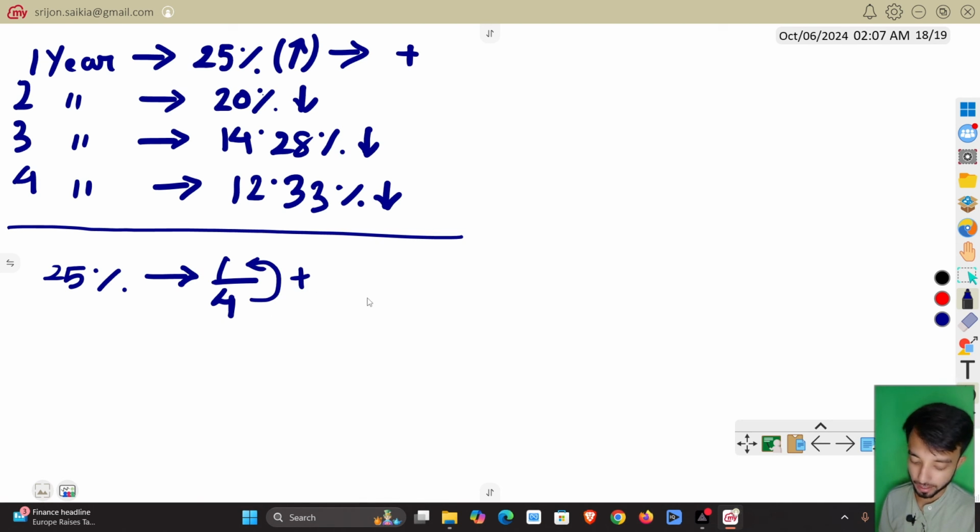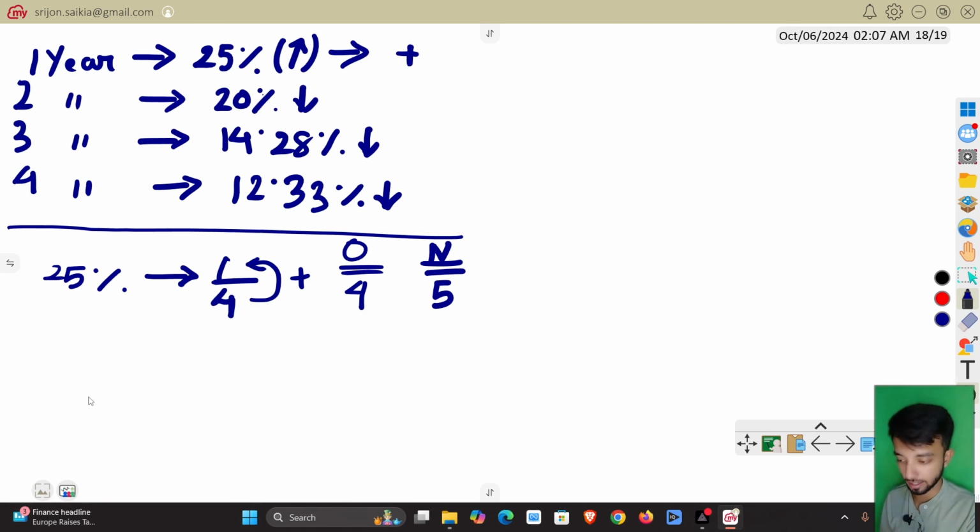The original number we get as 4, and the new number we get as 4 plus 1, that is 5. It's clear till here, right?